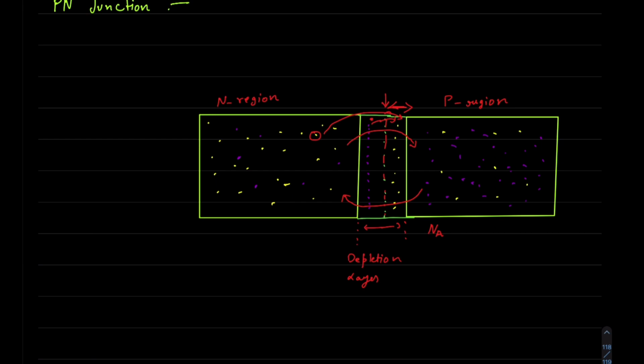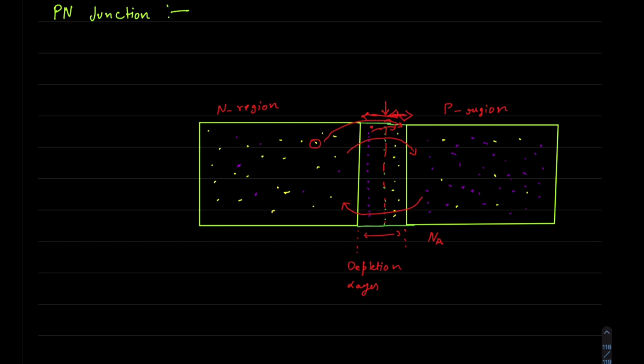And the charge density of the n-type along the junction becomes positive because of the holes they left in their place. So now there's a charge gradient between these two regions. Charges have moved, diffusion happened. This is also called diffusion current.